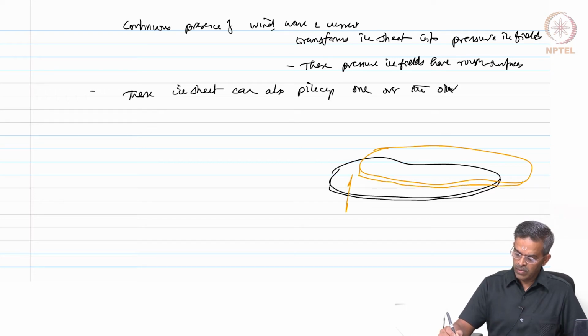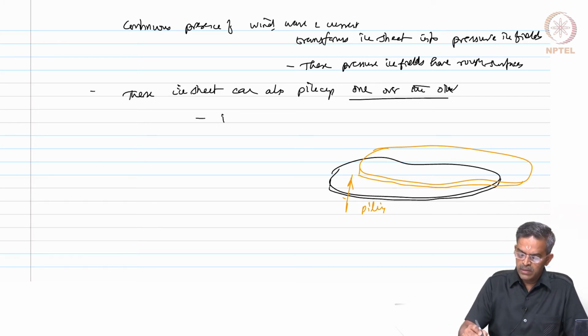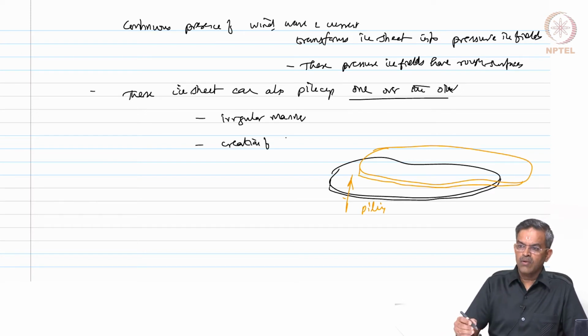This is what we call piling. They generally pile one over the other in an irregular manner, and that will result in creation of ice pressure ridges.